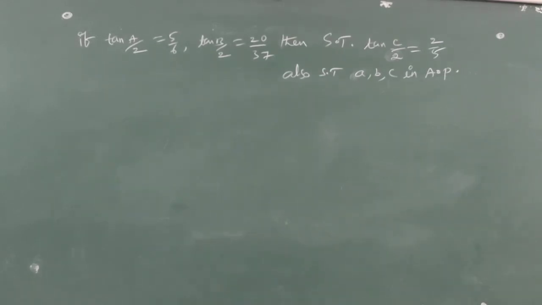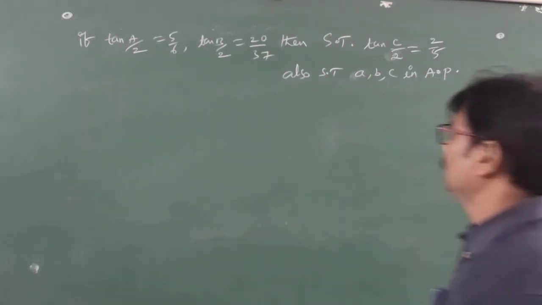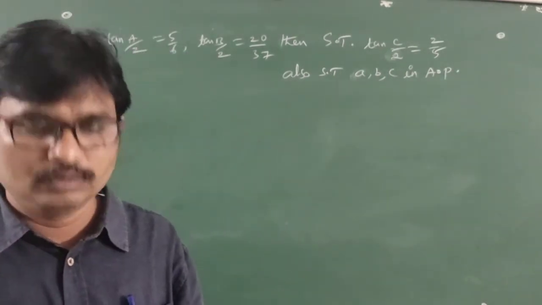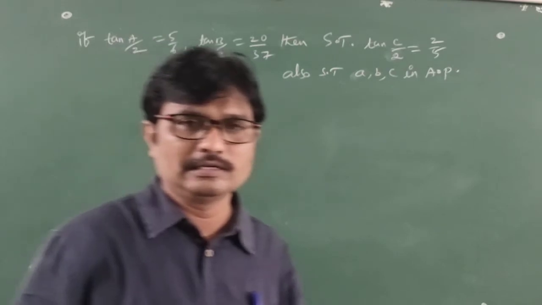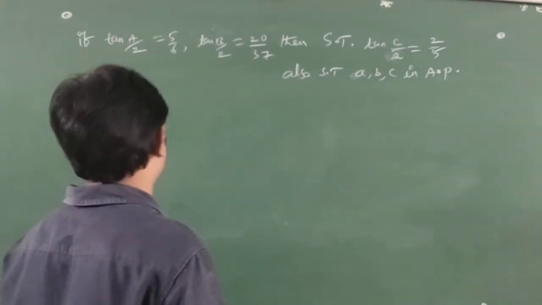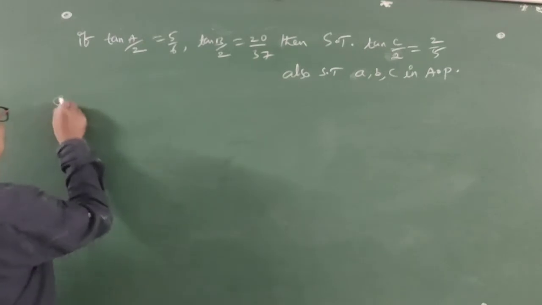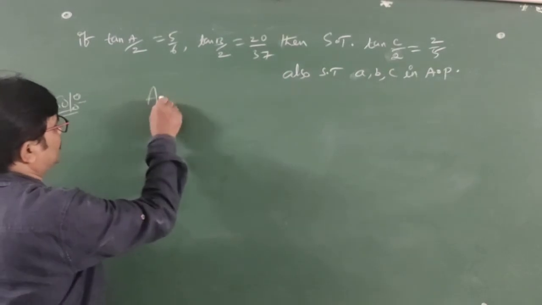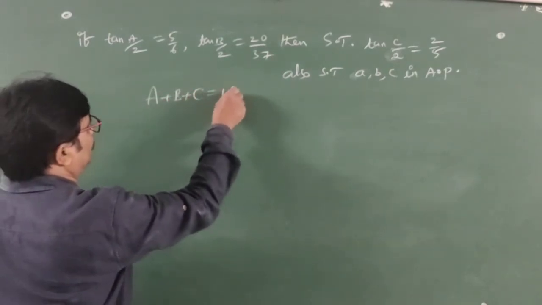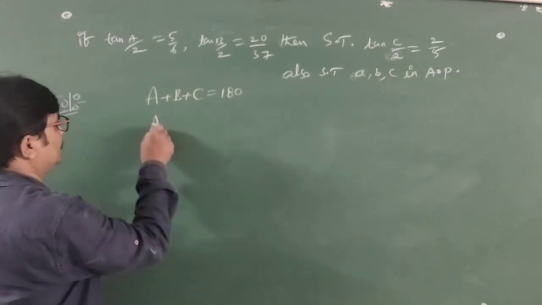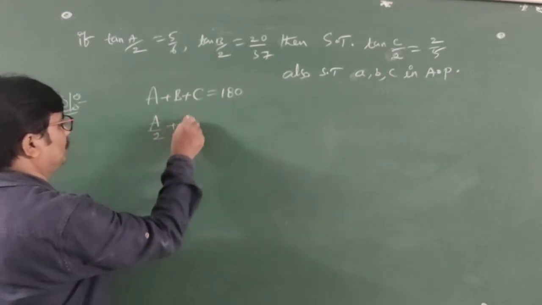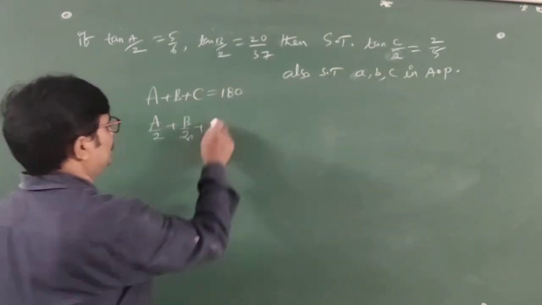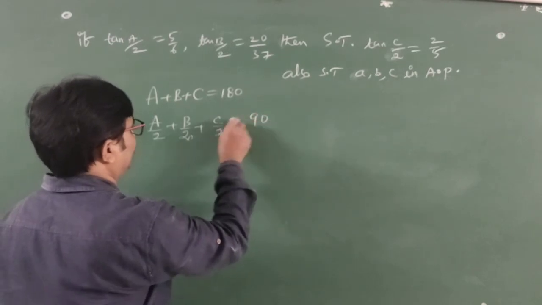Now students, how to write this? First we saw that tan of c by 2 equal to 2 by 5. So after that A, B, C are in AP. How to prove this? My dear students, here we know that all these questions are related to the triangle ABC. So A plus B plus C equal to 180 degrees. So students, this is A by 2 plus B by 2 plus C by 2 equal to 90.